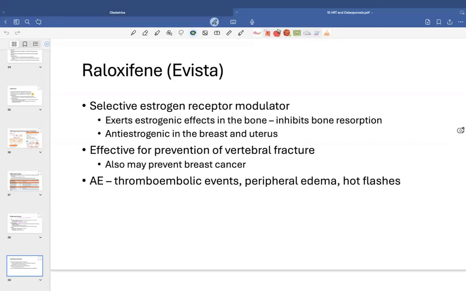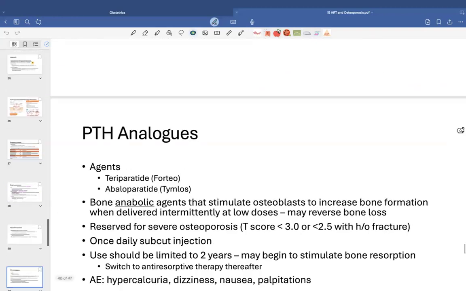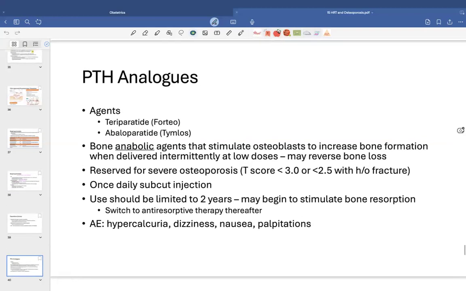PTH analogs are really the only anabolic agents, working on osteoblasts to increase bone formation. They can take someone from having really brittle bones and help reverse those effects.